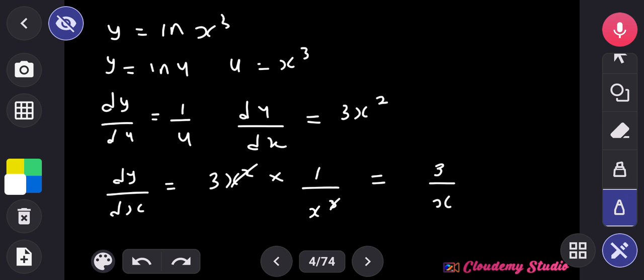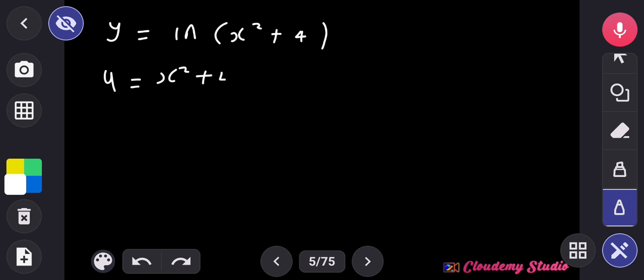You understand? Now, what if you're having a question like y equals ln of x squared plus 4? How are we going to look for this? Same method. We're just going to see that our u will be equal to x squared plus 4, and our y will be equal to ln u.